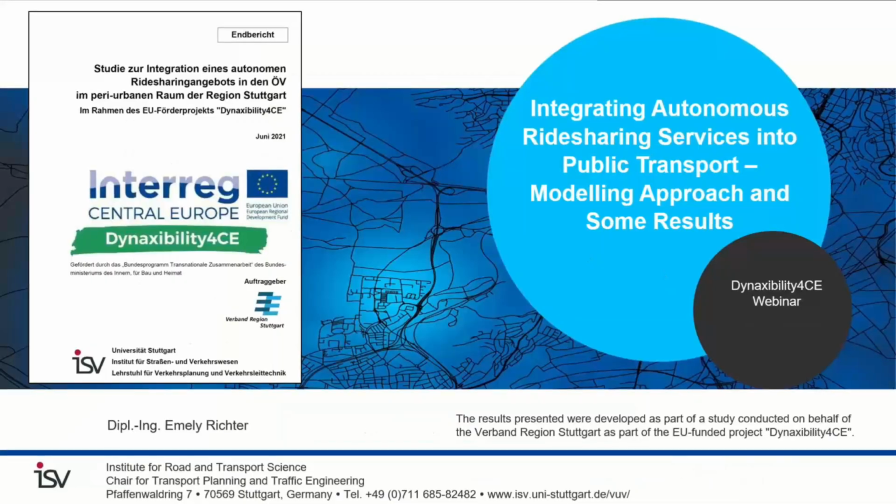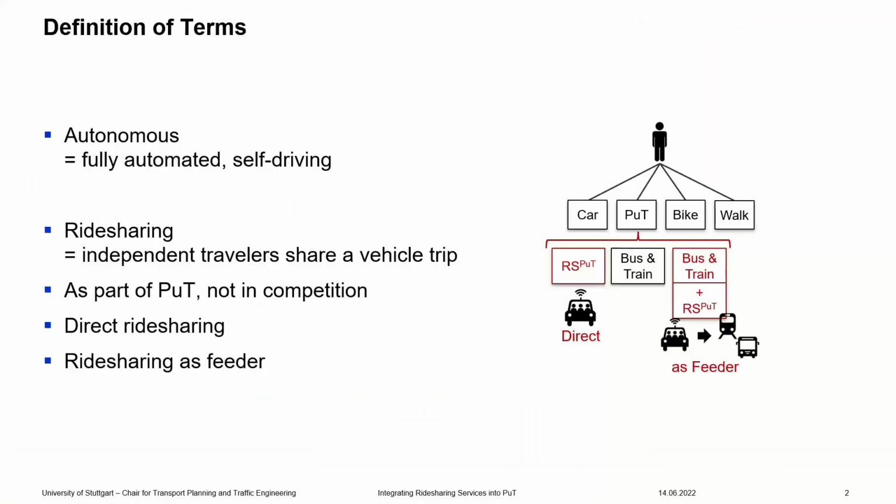So first the definition of terms, because those are not always the same. If I say autonomous, I mean fully automated and self-driving vehicles. And with ride sharing, I mean that independent travelers share a vehicle trip. And our ride sharing service is a part of public transport and does not compete with public transport.